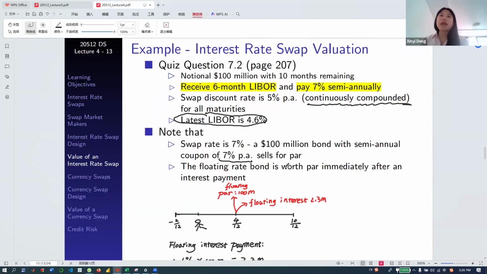So this essentially means that our last payment was 2 months ago, and our next payment is going to occur in 4 months. And then at maturity, 10 months later, we are going to have another exchange of cash flows.